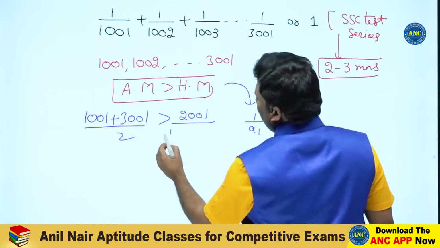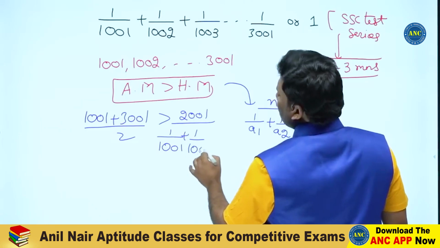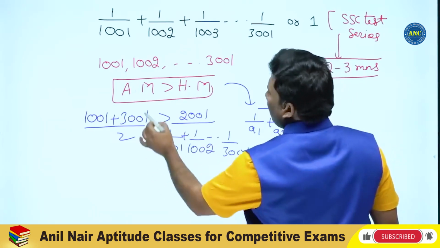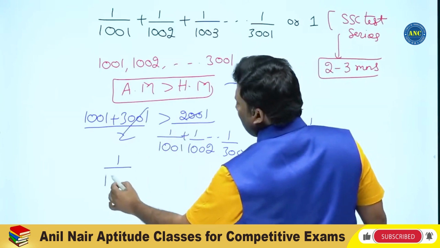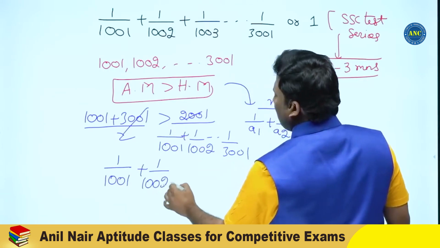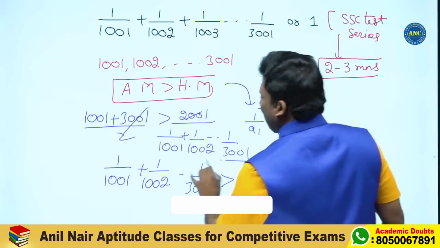So 2001 by 1 by 1001, 1 by 1002 and so on up to 1 by 3001. These cancel, so by cross multiplication, 1 by 1001, 1 by 1002 and so on up to 1 by 3001 is greater than 1.